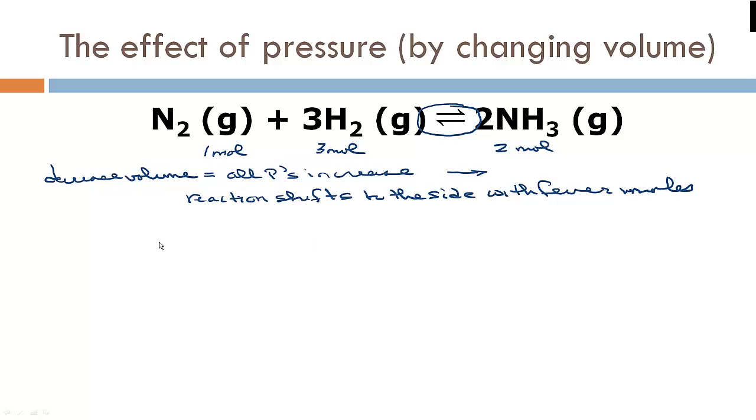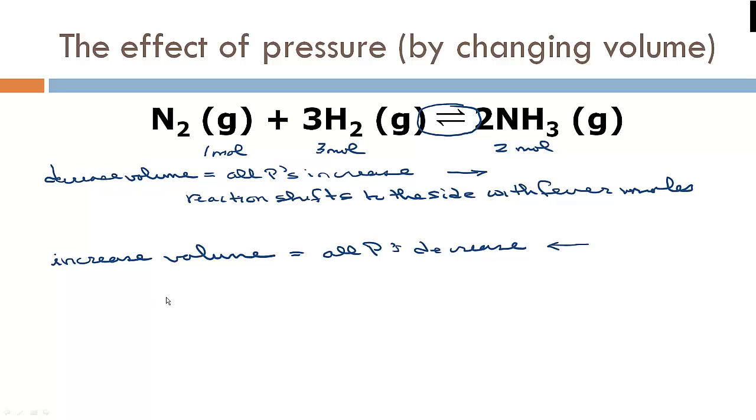Okay. So now what happens if you increase volume? That means all partial pressures decrease. In this particular reaction, they're all going to shift to the left.